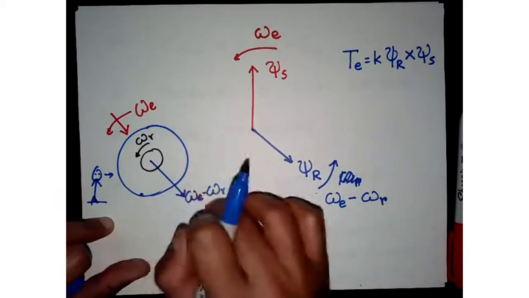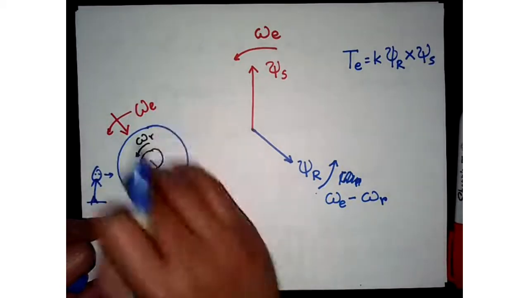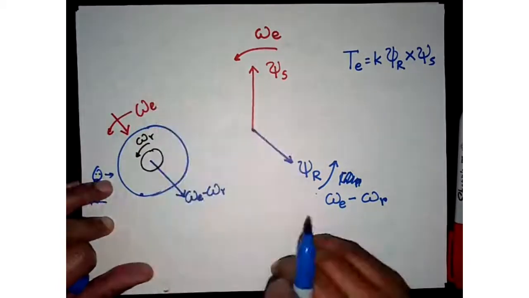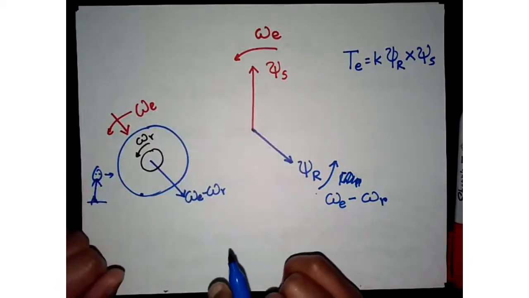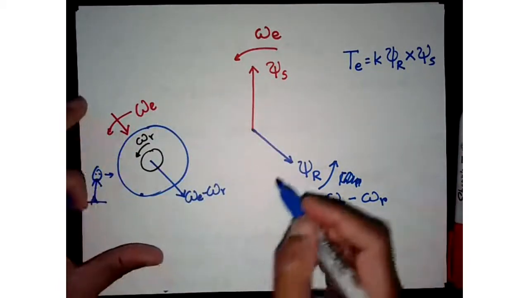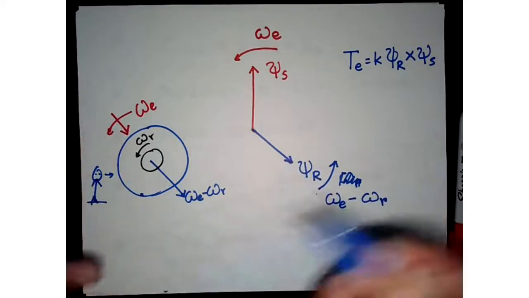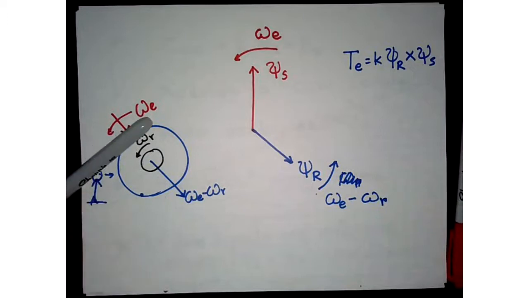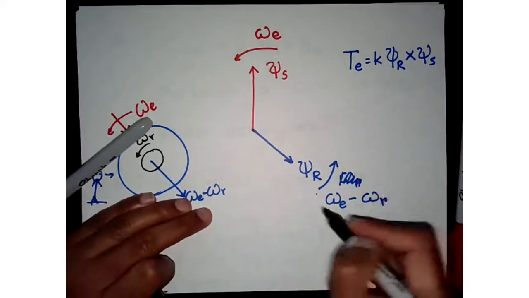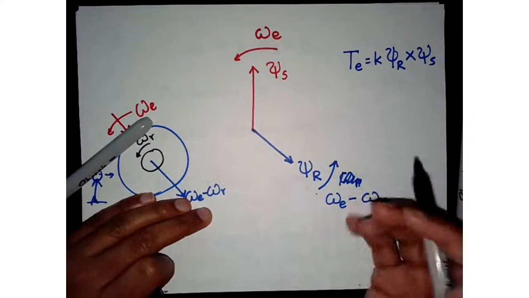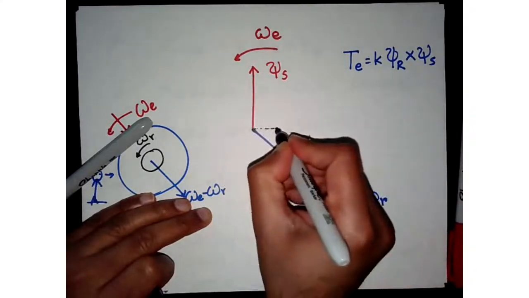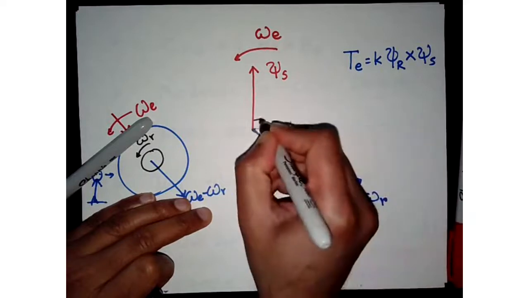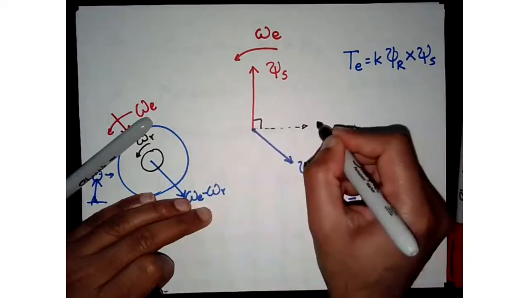However, since it is on the rotor and that speed adds up to this field, it's moving at the same speed as the electrical frequency. That means if we want to have optimal torque production, we want to align or control our voltages such that we are at 90 degrees from the stator flux, either this way or this way.